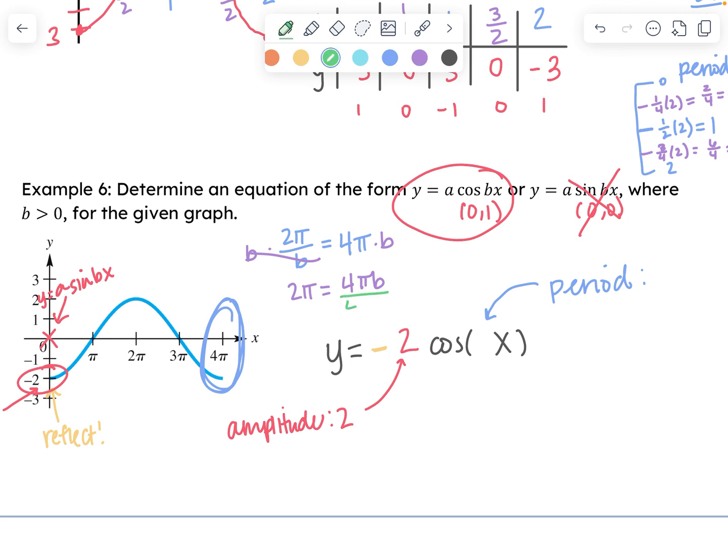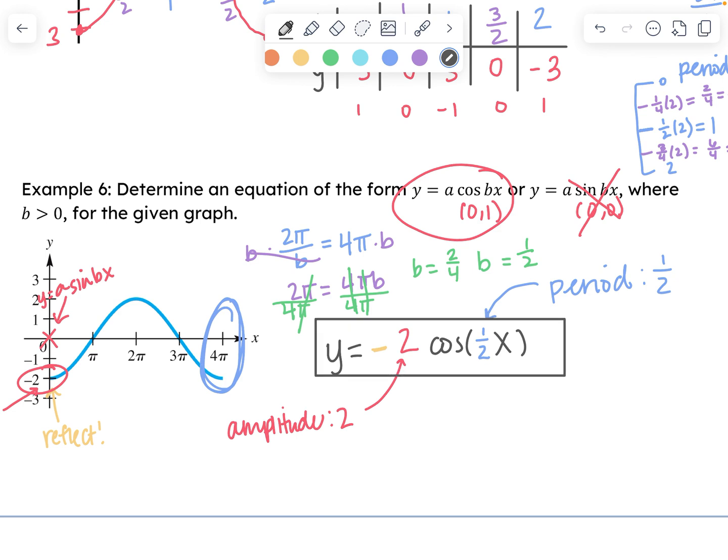And then I would divide both sides by 4 pi. You'll notice the pi's cancel. So I'm just looking at b is equal to 2 over 4, or b is equal to 1/2. That's what's going to fill in the rest of my equation. And there we go.